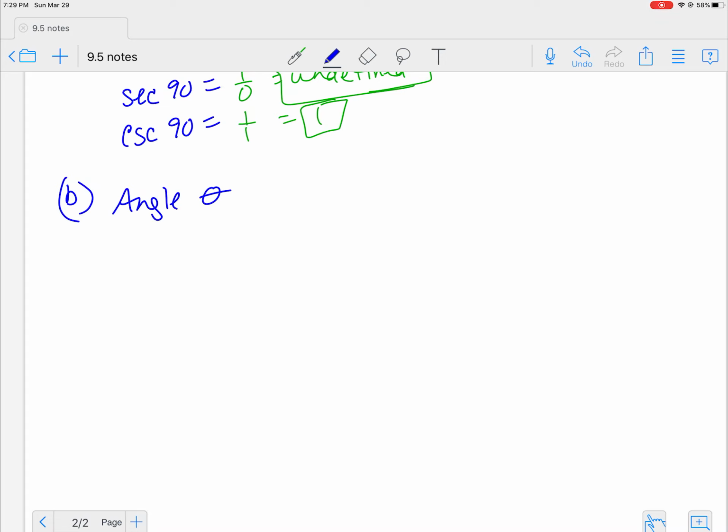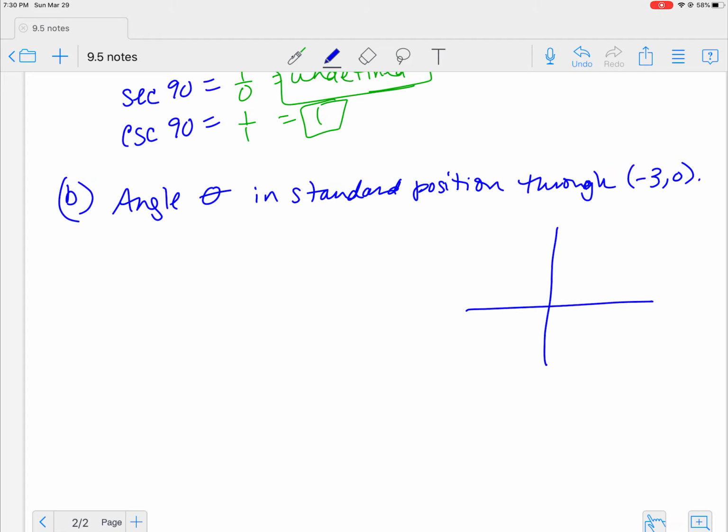So if I can do all 6 for 90 degrees, what happens if I have an angle, theta, in standard position, with the terminal side going through the point -3, 0. Well, let's see what that looks like.